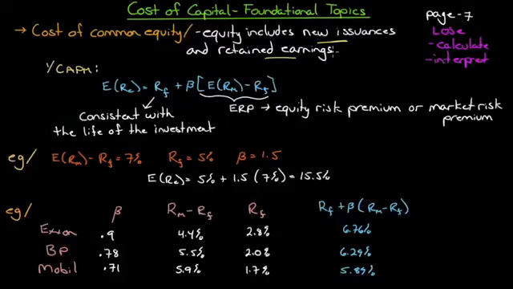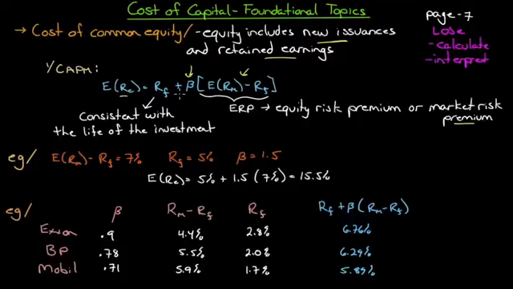Capital asset pricing model: the expected return on equity is equal to the risk-free rate plus beta times whatever the equity risk premium is, or the market risk premium. This is a single factor model. The single factor is the market itself, and what we're saying is that the cost of a company's equity should be proportional to the risk in the market scaled by a beta factor, and beta tells us whether or not our company has a return series that is more variable or less variable than the market.